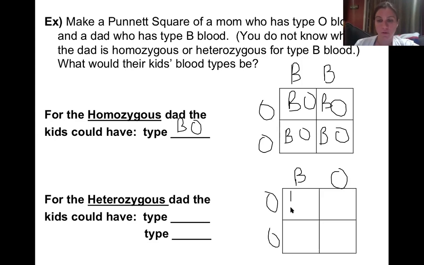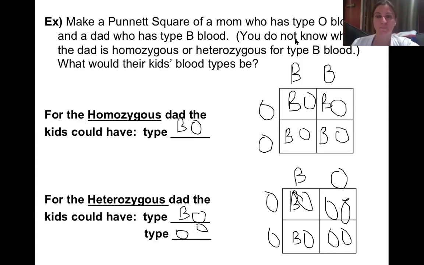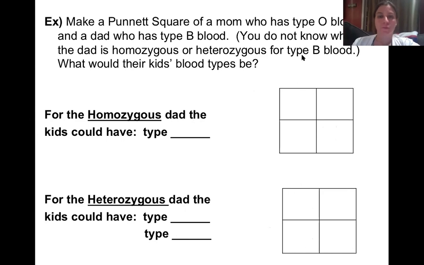Mom is OO. So once again, BO, O, O are your combinations.